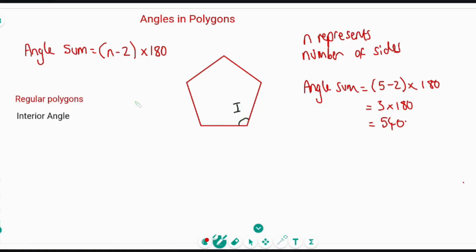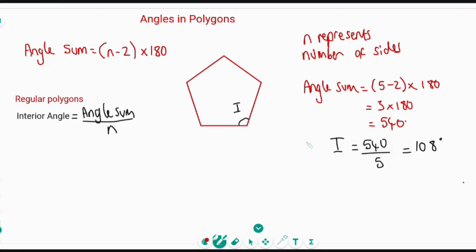So to find the interior angle of a regular polygon, it is just angle sum over the number of sides. So the interior angle of a regular pentagon is 108 degrees.